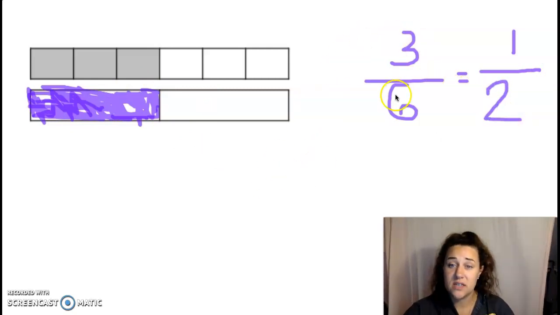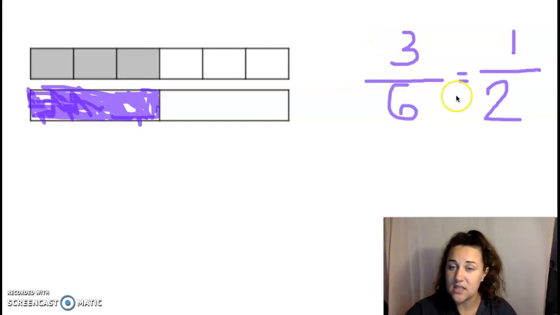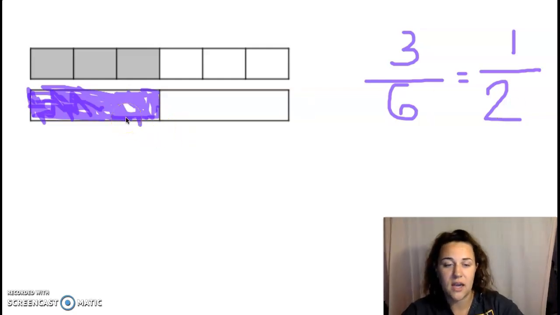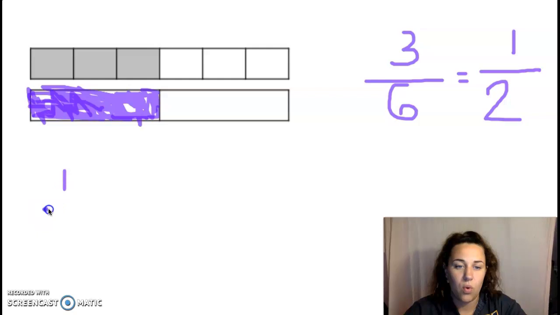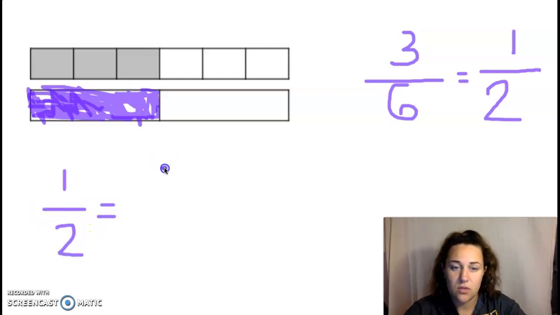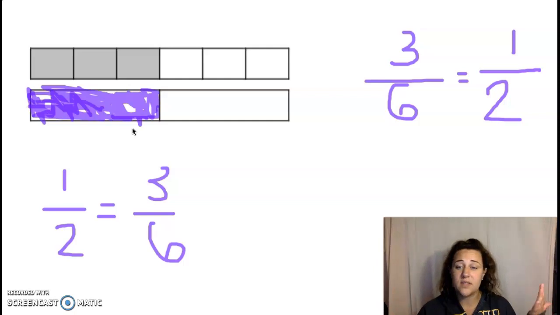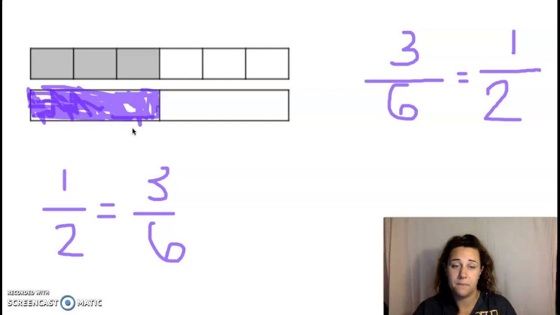So 3 out of 6, or 3/6, is equal to 1 out of 2, or 1/2. And you can also write it the other way, friends. You could write 1/2 is equal to 3/6, because if you look, they're exactly the same. And if it's equal one way, it's going to be equal the other way.